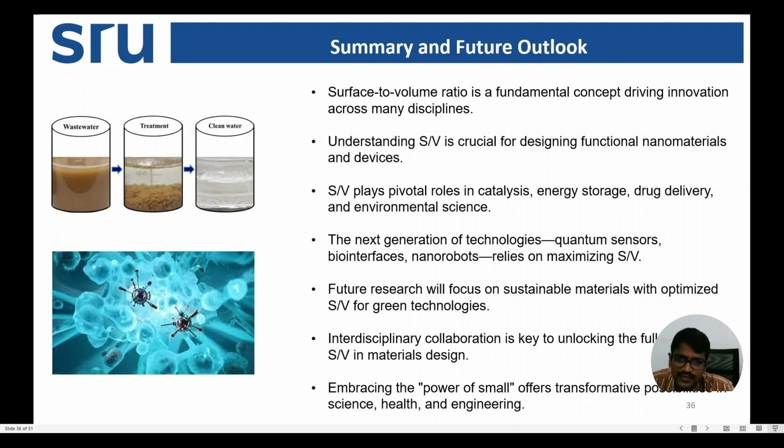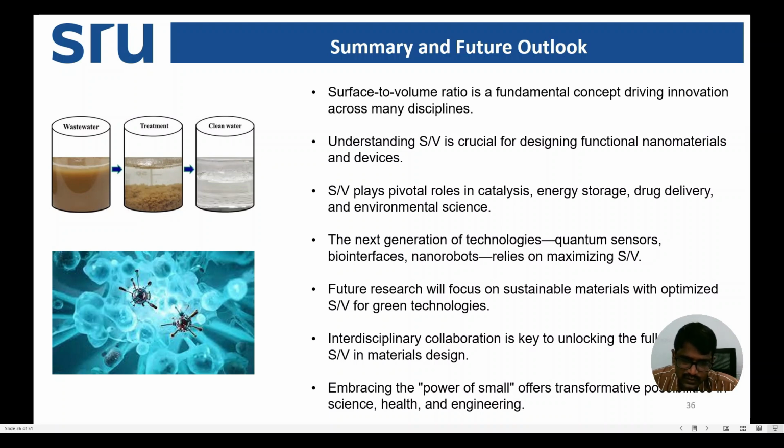All these depend on sustainable materials and smart materials. We need to create smart materials with the required properties, and these required properties mostly depend on surface to volume ratio. That's why surface to volume ratio is the primary and fundamental property which the prepared nanomaterial should have.